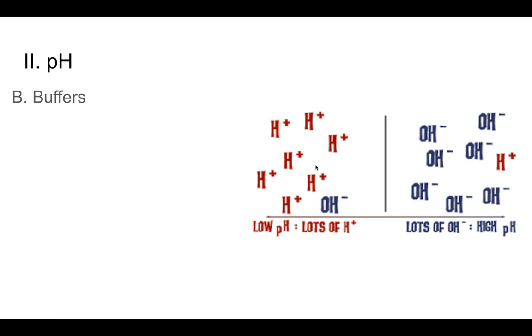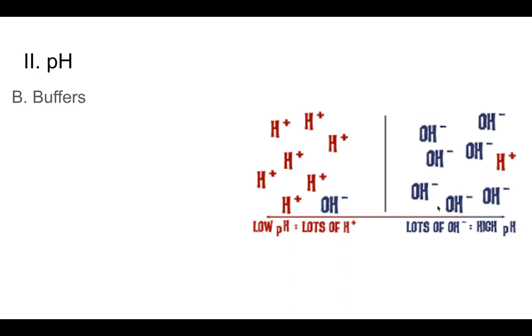And so if you dump a bunch of hydroxides into this solution, those negative hydroxides are going to be attracted to these floating hydrogen ions, which then lowers the number of hydrogen ions in that solution, right? So weak base buffers act to buffer an acidic solution by absorbing many of the hydrogen ions, which then lowers the hydrogen ion count and pushes the solution more towards neutral.